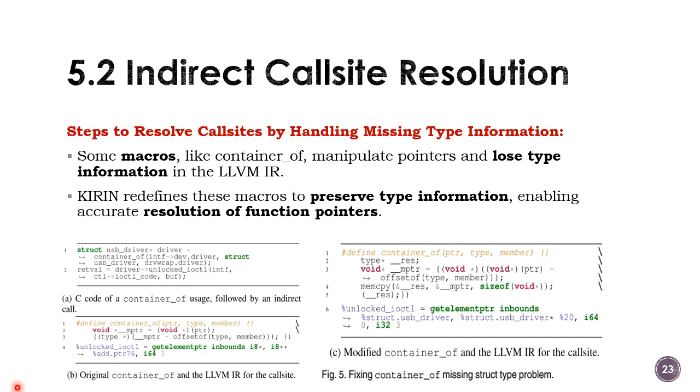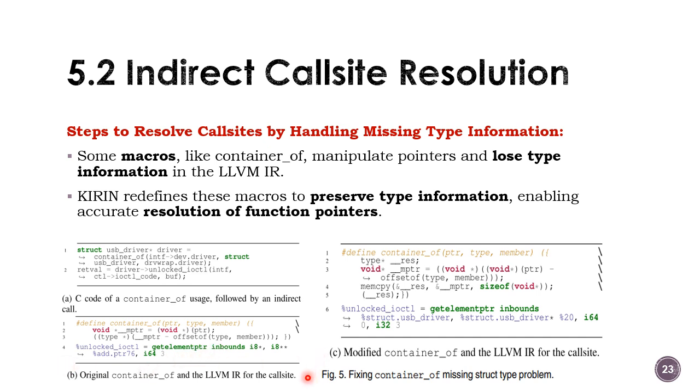Inside the macro, we have the assignment of the type void, and after the computing of the void, since a macro is just replaced by another name of the variable, in the end of this definition we will have an unlocked IO control offset method that gets the offset and eventually adds the pointer, but there's no clear specification of the type of the variable.